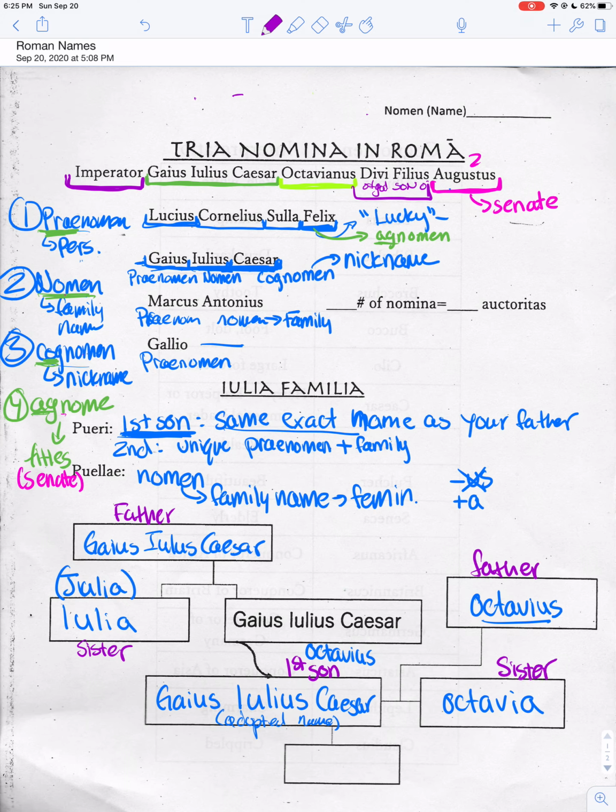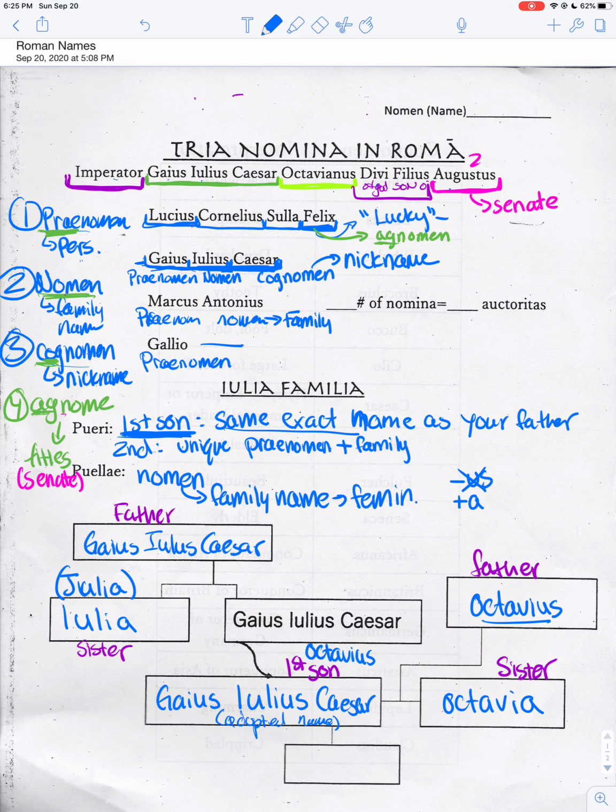And Octavius, also known as Gaius Julius Caesar or Imperator Gaius Julius Caesar Octavianus Divi Filius Augustus, that's not even his whole name. He still has a couple more names that I left out because there was not enough room on the paper. But he had only one daughter. He didn't have any other children except one daughter.